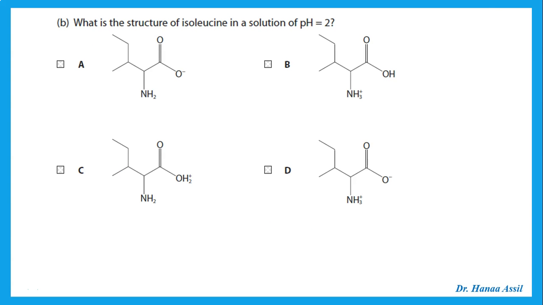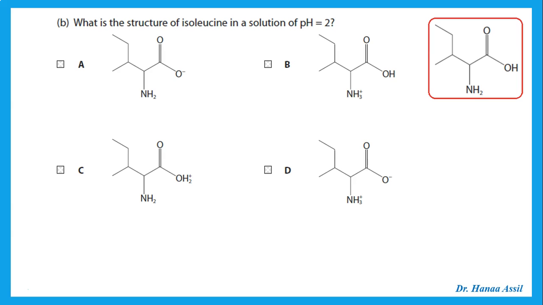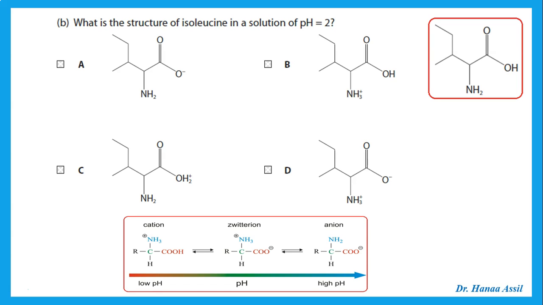What is the structure of isoleucine in a solution of pH 2? We should realize that this is an amino acid, and amino acids have different structures whether we have an acid medium or neutral medium or a basic medium.